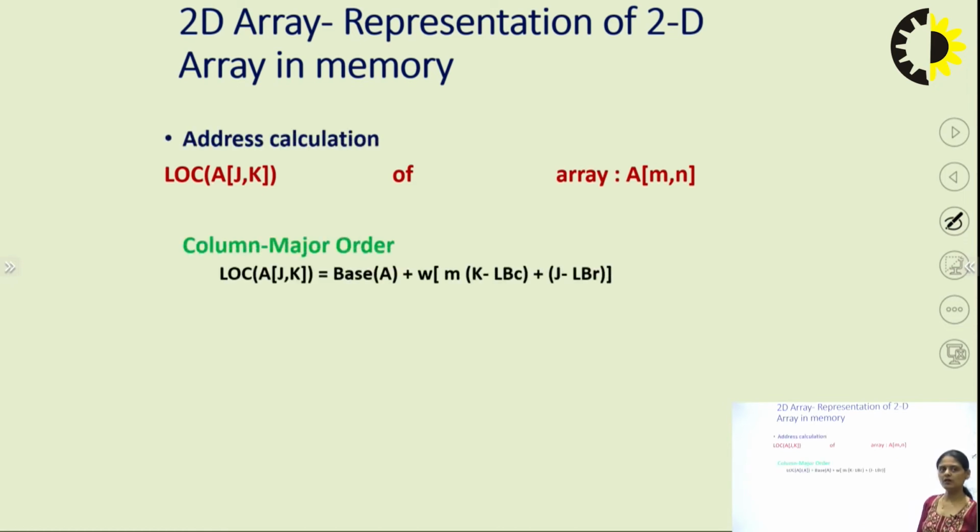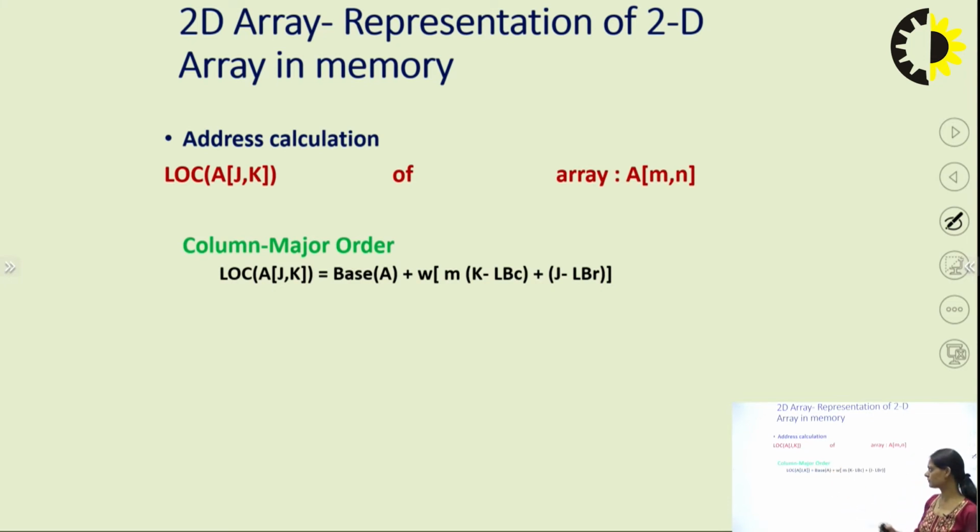there is a formula for column major order. Here m comma n, where m is the total number of rows and n is the total number of columns in the 2D array, and we are interested in finding the address of the jth row, kth column.